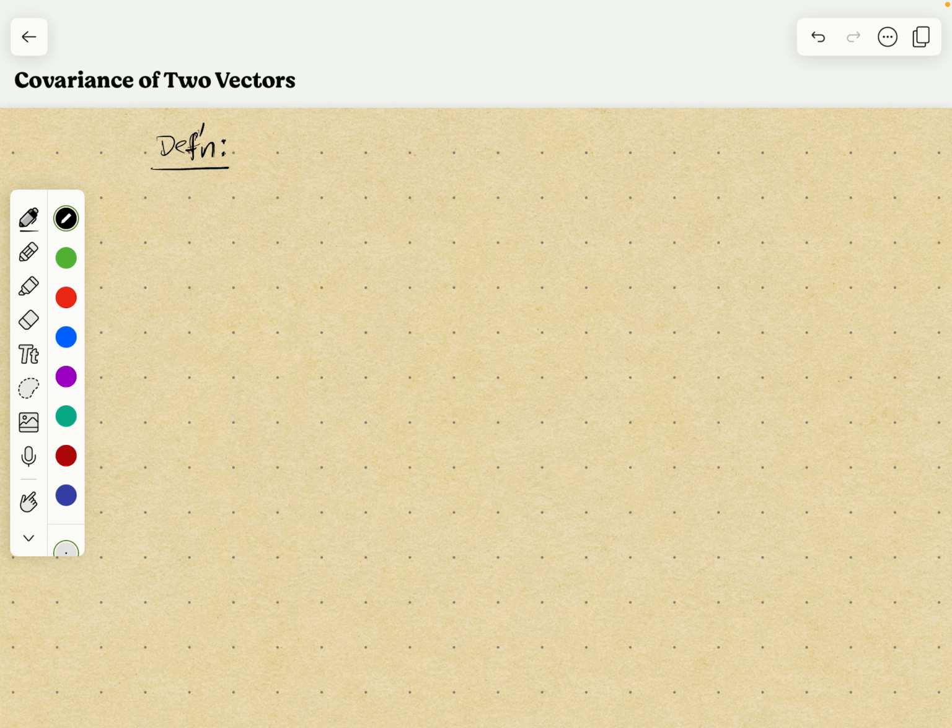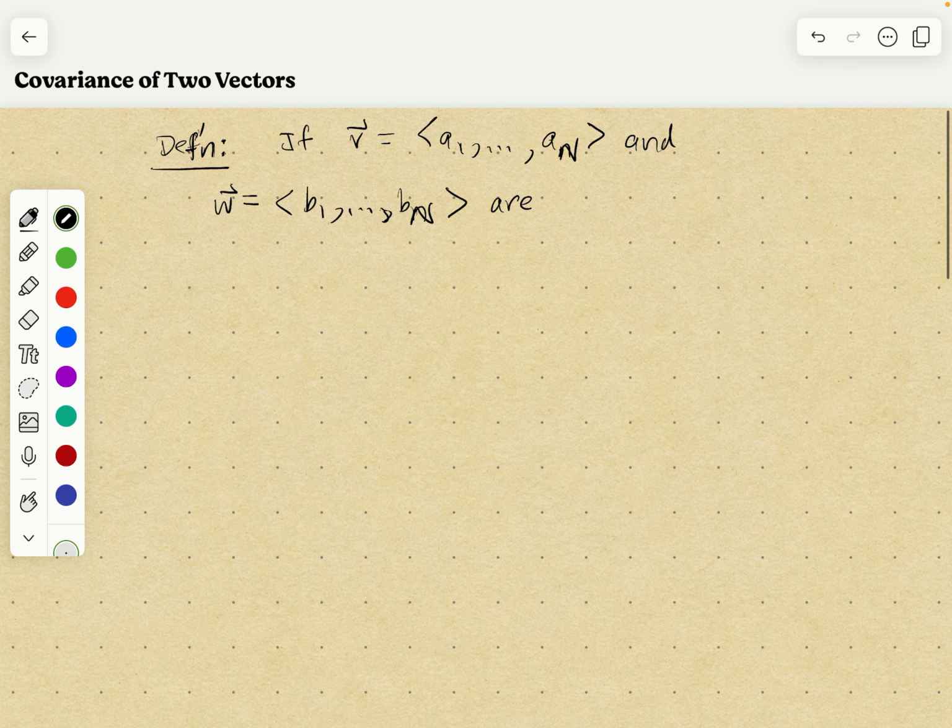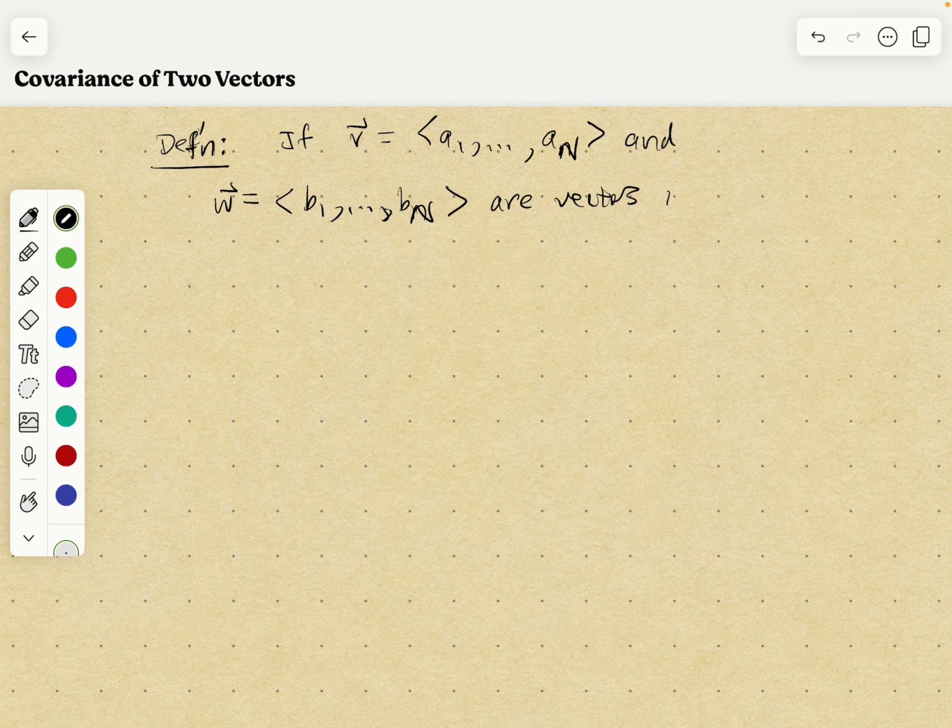So if you have these two vectors, V, let's say its components are A1 through AN, and W is B1 through BN, capital N.